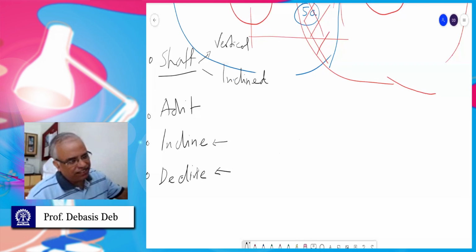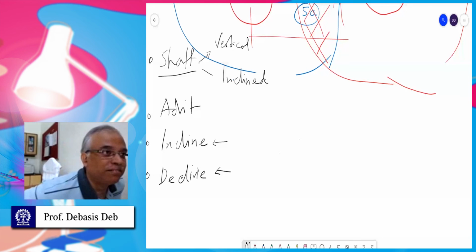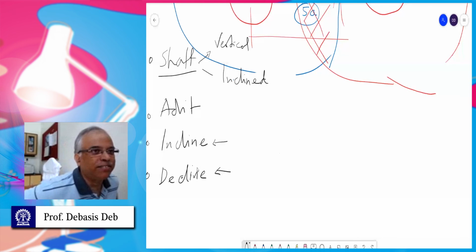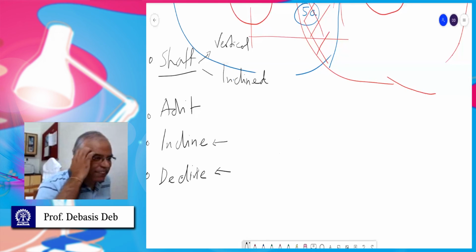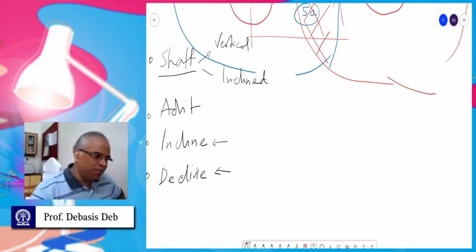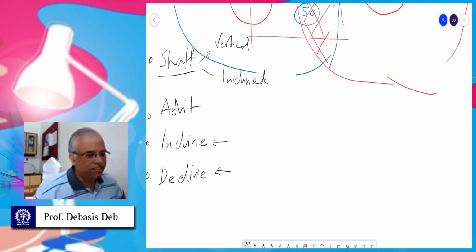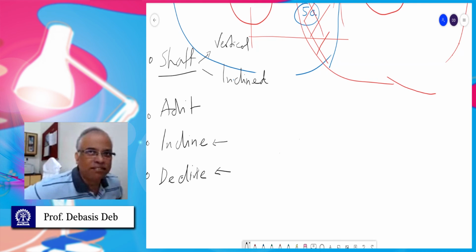From the outside, there will be a ramp, but not in one vertical plane. Let me give you an example. Let's say a staircase. You are going up to the fourth floor. Now, instead of the stairs, you have a ramp. You can see that you cannot put this in one vertical plane.